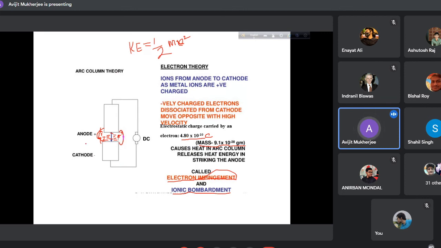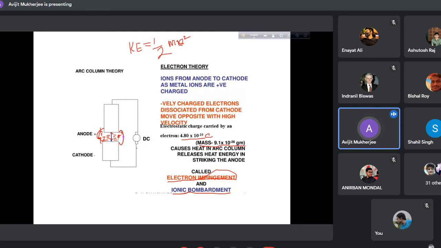Here also, the anode will liberate some ions. They are rushing with much less velocity compared to electrons, and they will also collide. That is, kinetic energy will be converted into heat energy due to ionic bombardment, but they don't carry any electrostatic charge.